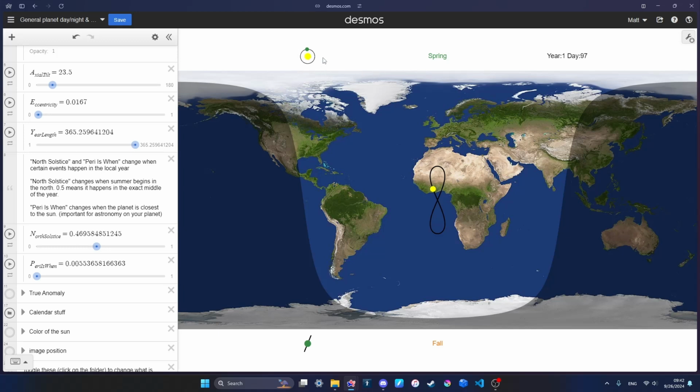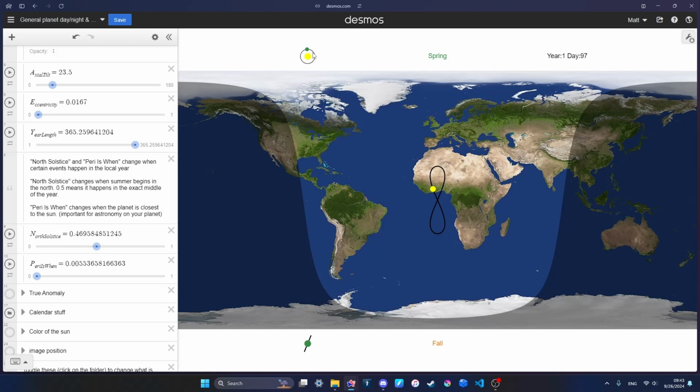Now, something interesting is that if you have a solstice or an equinox exactly at the point of, I forget the official name. Perihelion is for the Earth around the sun, but there is an official name for star systems, and I forget what it's called. Anyway, if it's exactly at that point, then it's opposite. For north solstice, it's the southern solstice. For north fall equinox, it's the north spring equinox.